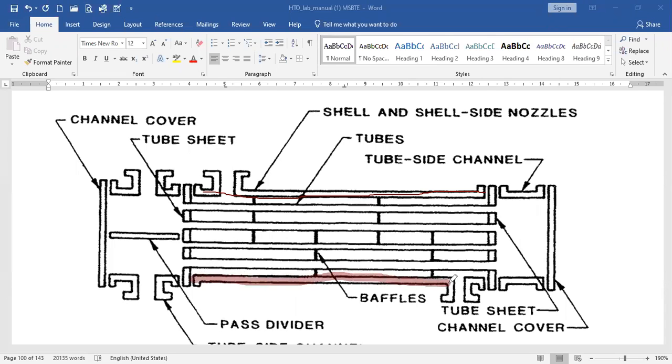This is the shell, and in the shell there are a number of tubes. The tubes are indicated here. These are the tubes where one of the liquids passes through the tubes and the other liquid passes from outside the tubes.